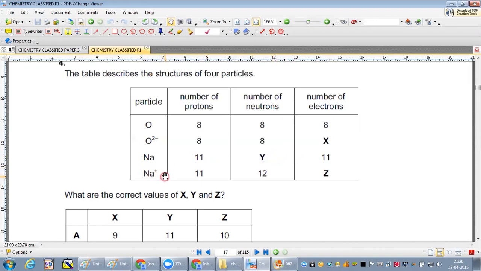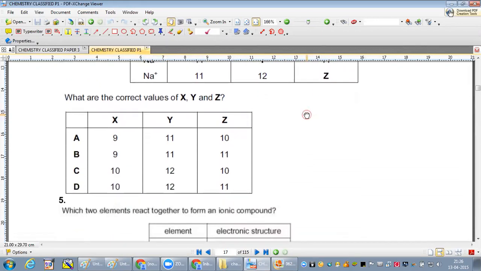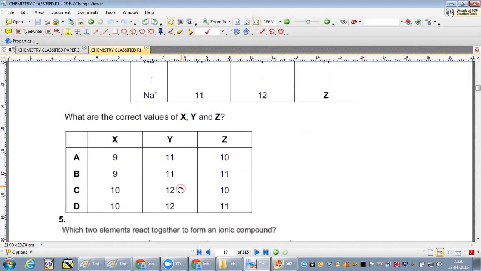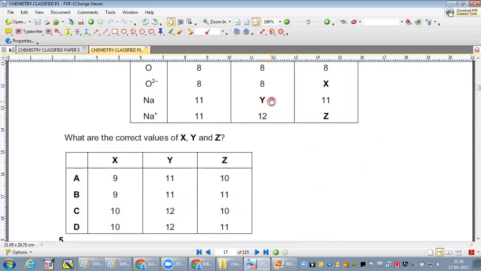Na+ is there, so there is 1 electron less because it has a positive charge. So the number of electrons for Z will be 10. Z over here is 10. So automatically Y, the number of neutrons, is going to become 12. So the correct option over here is going to be C.